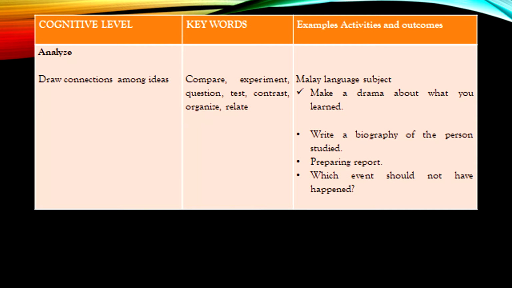This level gives students the opportunity to test the information read and improve comprehension. Example activity and outcome, Malay language subject: make a drama about what you learned, write a biography of the person studied, prepare a report, or imagine which event would not have happened.